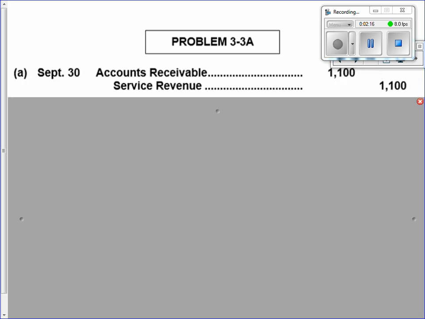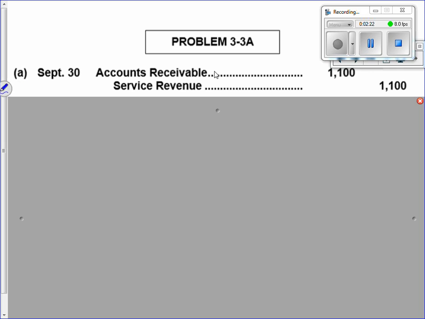Now, if I go down to revenue, have we seen an increase of $1,100 as well? Ding, ding, ding. We've got our first adjusting entry. So you could also check off service revenue. AR went up, service revenue went up by $1,100.